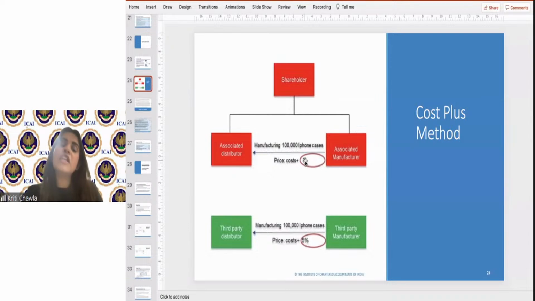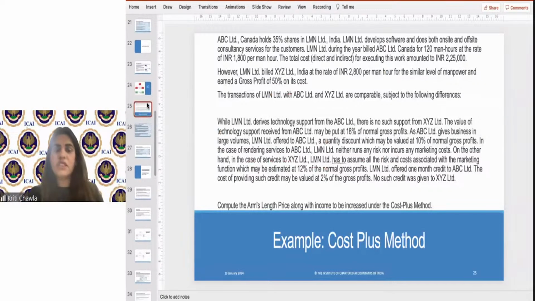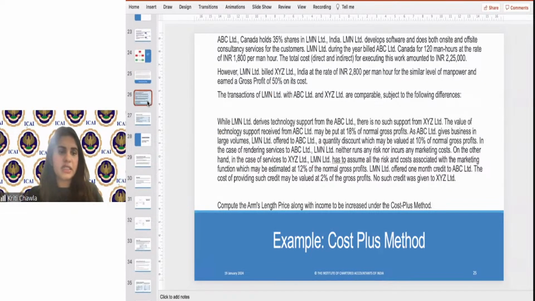So step 1, find comparable companies in the industry and look at the profit margin they're earning. Second step, if any adjustments are to be made, such as brand value adjustments, credit period adjustments, or any other adjustment for that matter, we'll make use of those adjustments, and then we will arrive at the arm's length price. So it's a two-step process. We'll discuss a question here and then let's take a break.